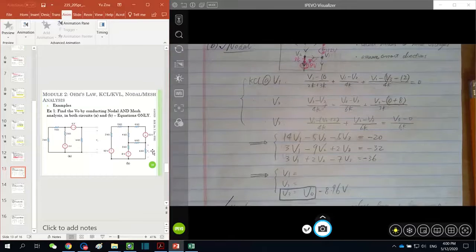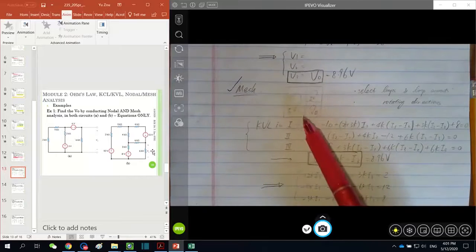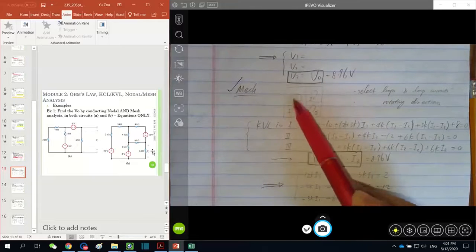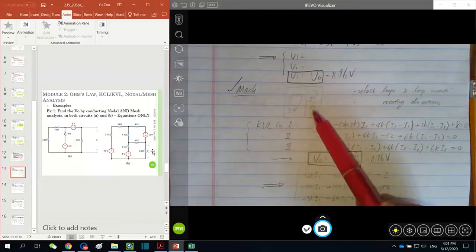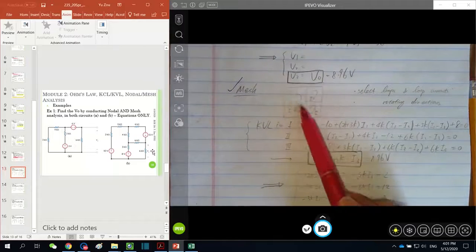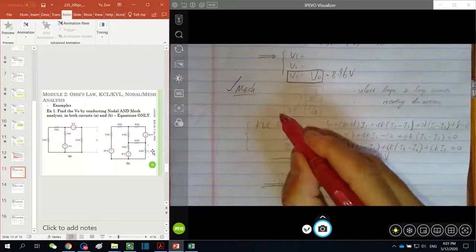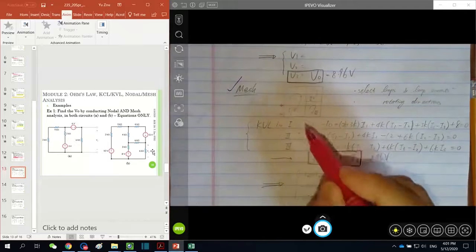Now let's see the mesh method to solve the same circuit. 3 meshes, obviously. I call these 1, 2, and 3. Respectively we have I1, I2 and I3 flowing as mesh currents. KVL in mesh 1. First of all, we have 10 volts with this polarity.